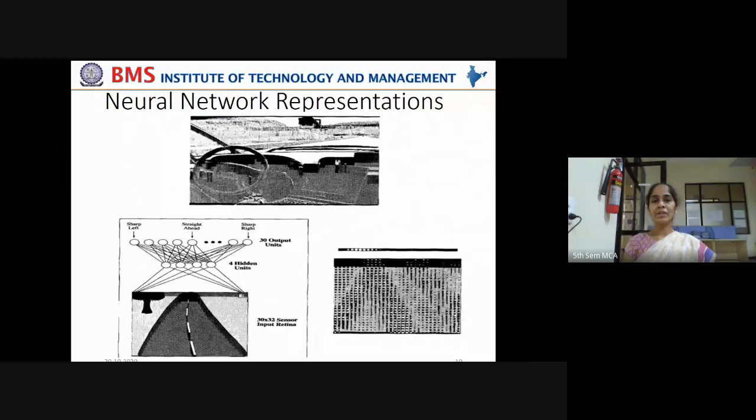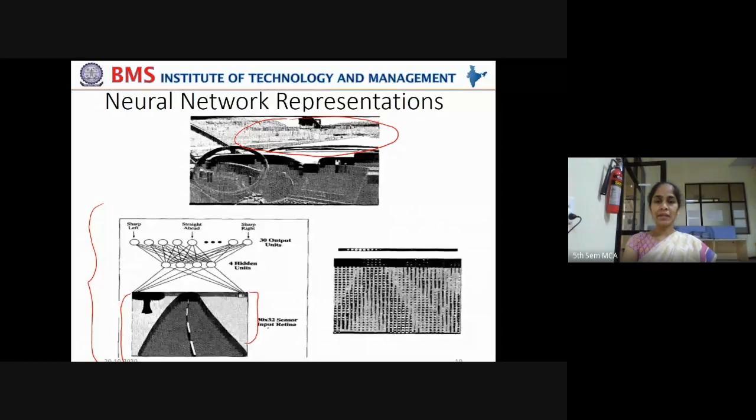Now let's see how it is actually represented. Say this is the visual that is taken by the sensor cameras or motion capture cameras mounted on the car top. Now, how is it given as input to the neural network? Focus your attention here, this part of the image. This is the road image that it is coming across.